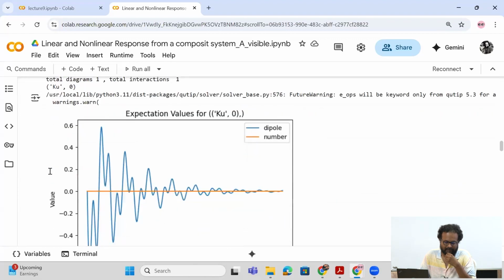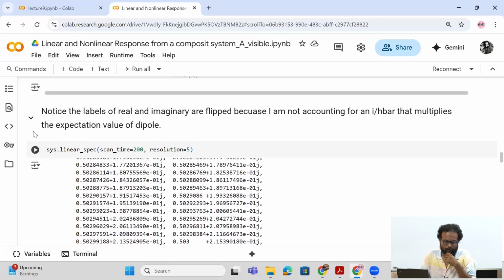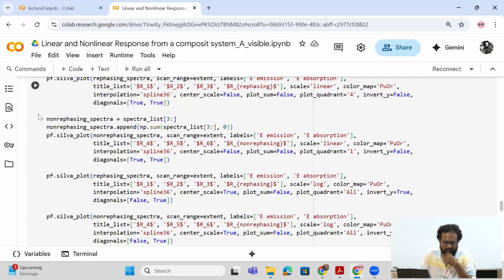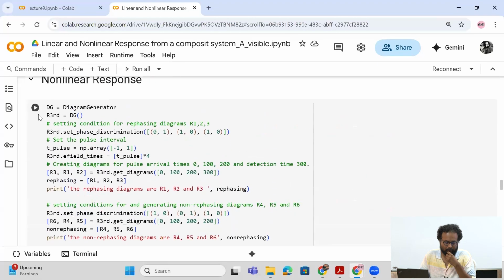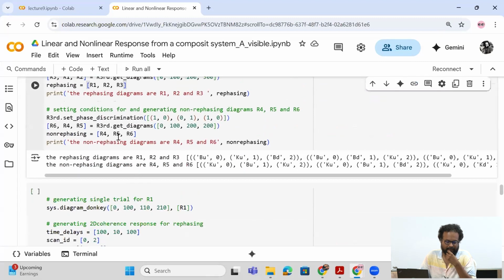This is the expectation value of this. I did do a Fourier transform of that, but that's fine. Linear response is probably boring. For the nonlinear response, again, the same way we define it, we set the phase discriminator to have the rephasing diagrams, combine them all here, and generate diagrams.